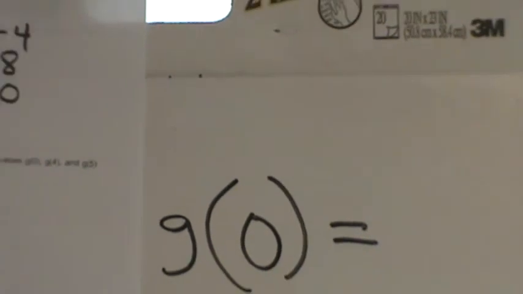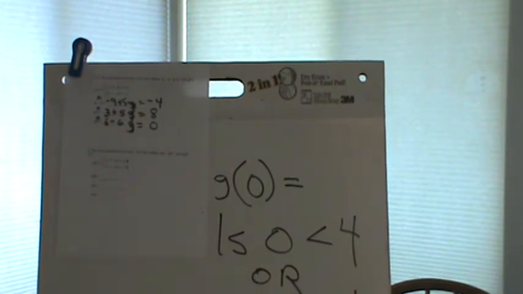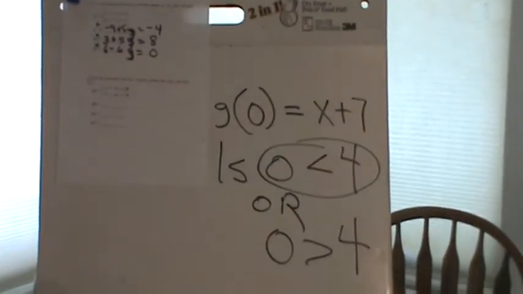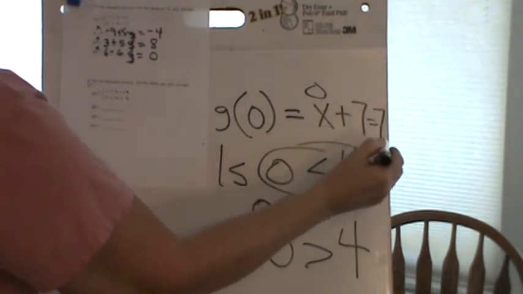Look at the first question. G of 0. Is 0 less than 4 or greater than 4? That's what you have to ask yourself. Well, obviously it's less than 4, so you use the first piece. X plus 7, put the 0 in for x, and you will get 7.